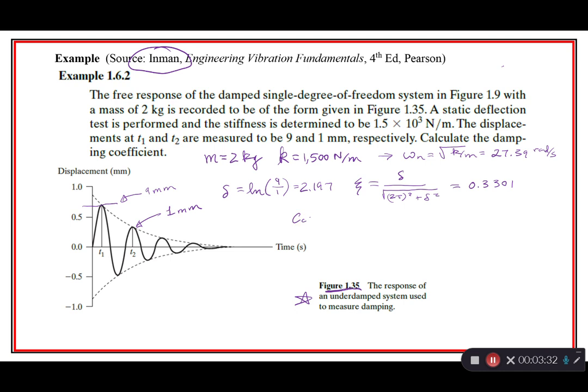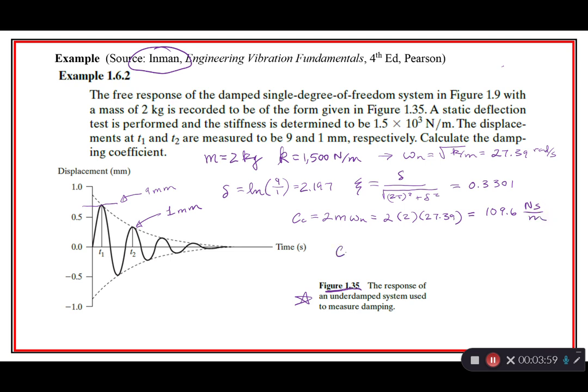I need the critical damping, which is 2 m omega n, right? So that's 2 times 2 times 27.39. In a previous video, I made the units work out, so if you want to look at that, it's 109.6, and the units should be newton seconds per meter.